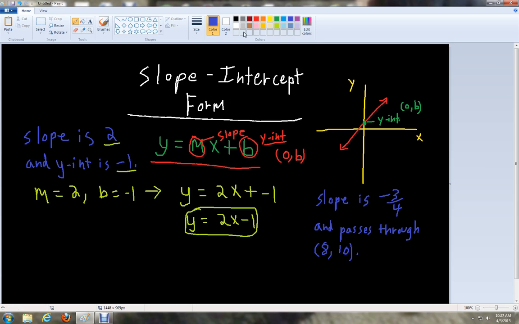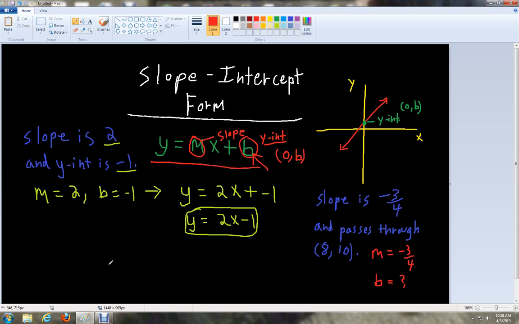So we'll just set up our equation. We have m is -3/4, but we don't know b yet, right? So for b, we'll just put a question mark. That's the value we need to find in y equals mx plus b.